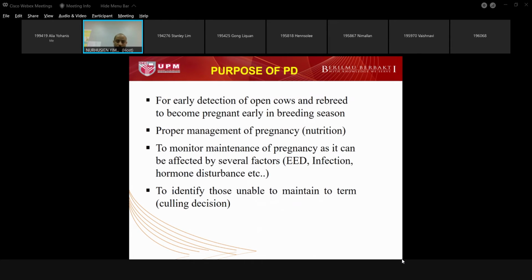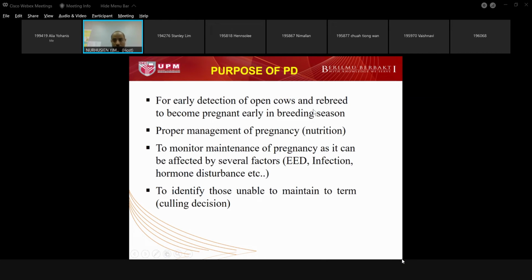So we start by discussing a bit on the main objective or the purpose of conducting pregnancy diagnosis in a given farm, all right? One of the things is for the purpose of detecting those animals which were not successful during the breeding program, so that they will be identified and can be recruited back early, before it is late for another breeding program, right?